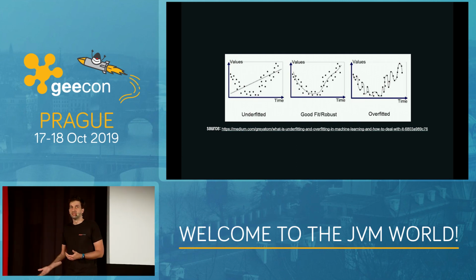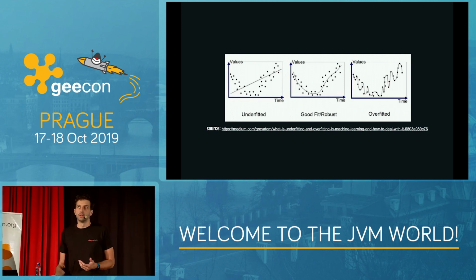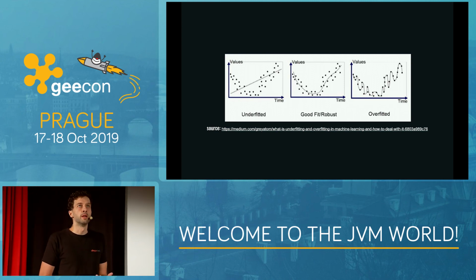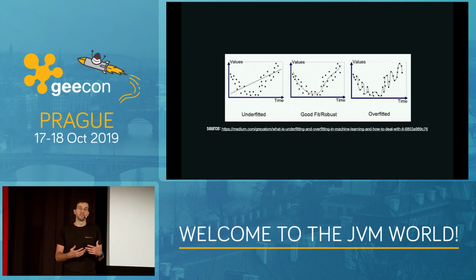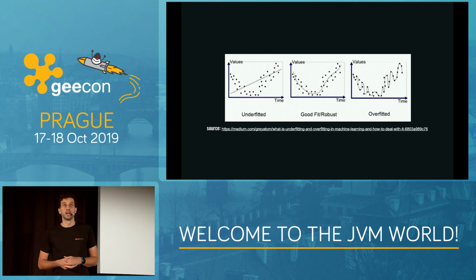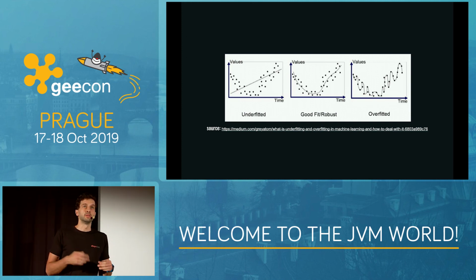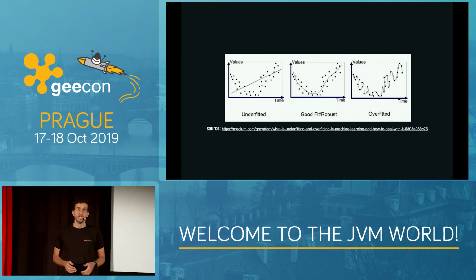And on the other side, we have overfitting, which can be compared to a student who knows the answers to the questions from the previous edition of the exam, and if the lecturer decides to use the same questions, he will perform great.